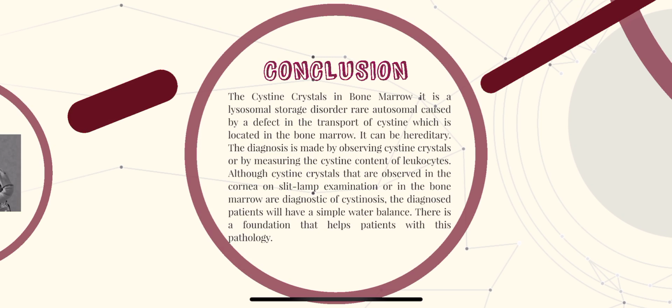Cystine crystals observed in the cornea on slit-lamp examination or in the bone marrow are diagnostic of cystinosis. There is a foundation that helps patients with this pathology.